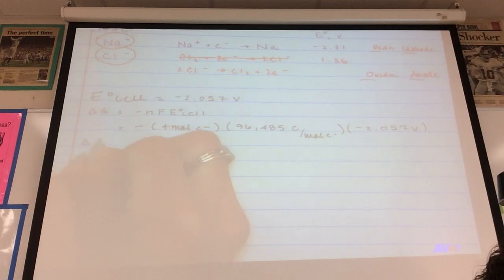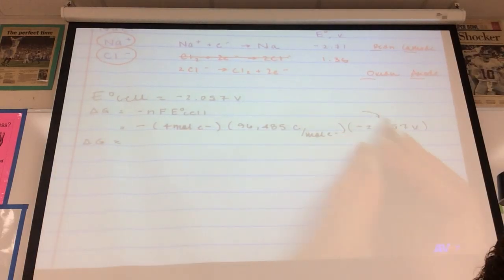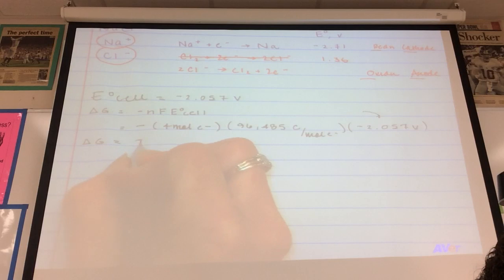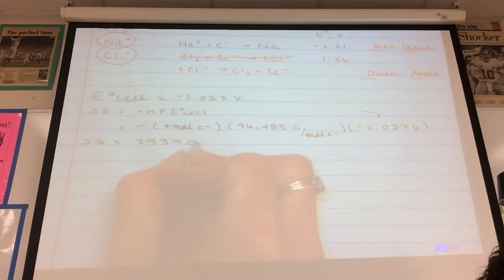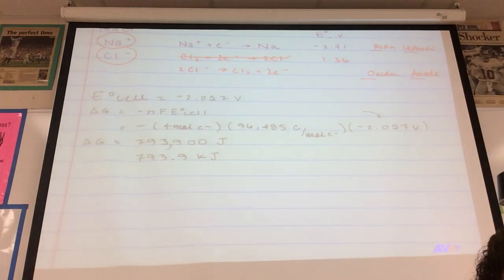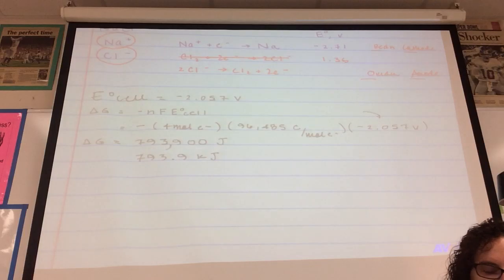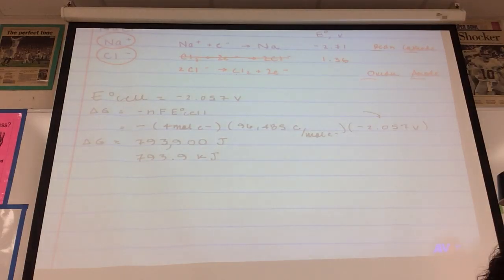And delta G in 4 sig figs, I've got 793,900 joules, or you can do kilojoules if you wish. And that is positive, which is thermodynamically unfavorable, expected here.